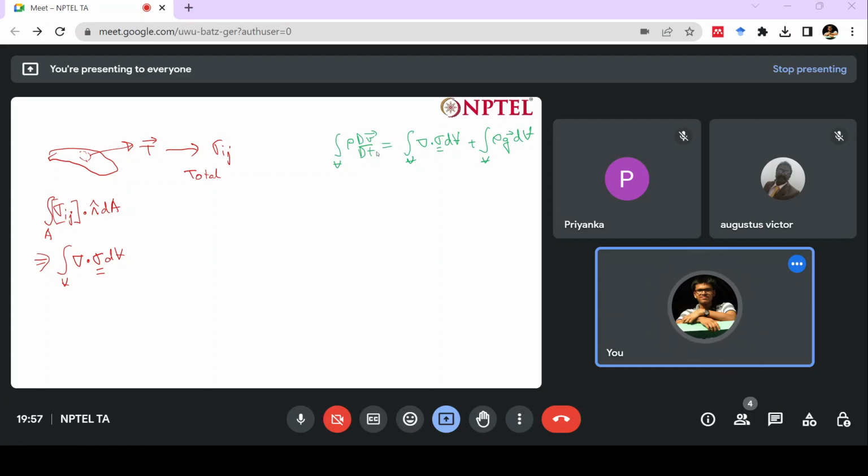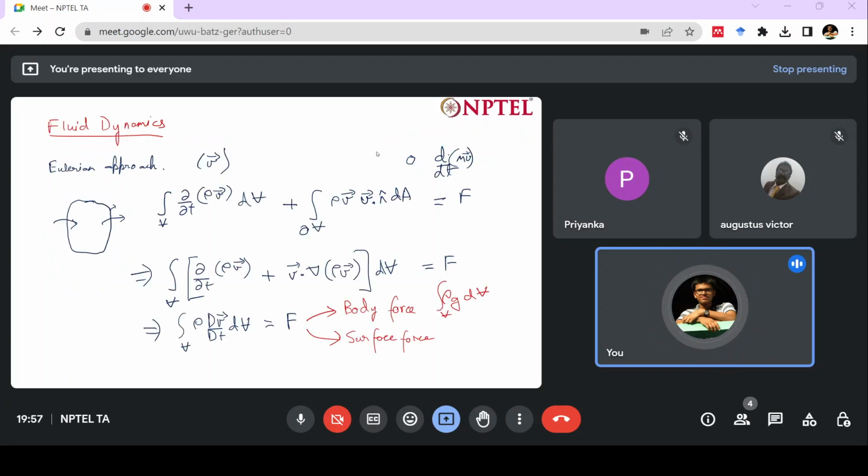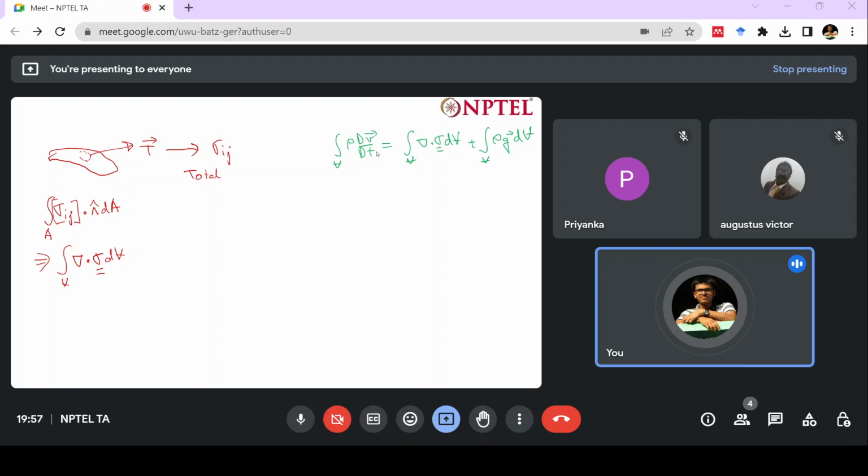This is also a volume. Since all of these are volume integrals, and this is valid for an arbitrary volume, right? We have not assumed what this volume will look like. So we can assume a very small volume, and if we continue to shrink this volume essentially to a point, then we can simply drop these integrals, and we have these values defined at this point. We have the density, velocity, stress, everything defined at a point in a continuum sense.